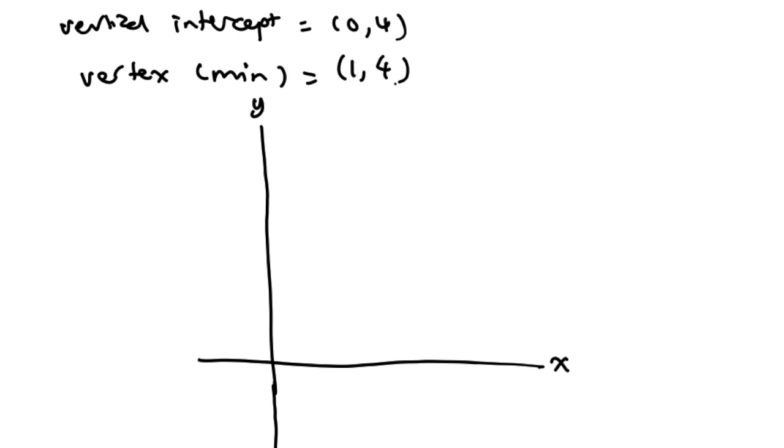X is positive, Y is positive. So we can sketch it. Let's say 4 is somewhere here. Let's say 1 is somewhere here. So the minimum point is here. So I know that before the minimum point, my curve will be downsloping like this, isn't it? And after the minimum point, it will be upsloping like this.